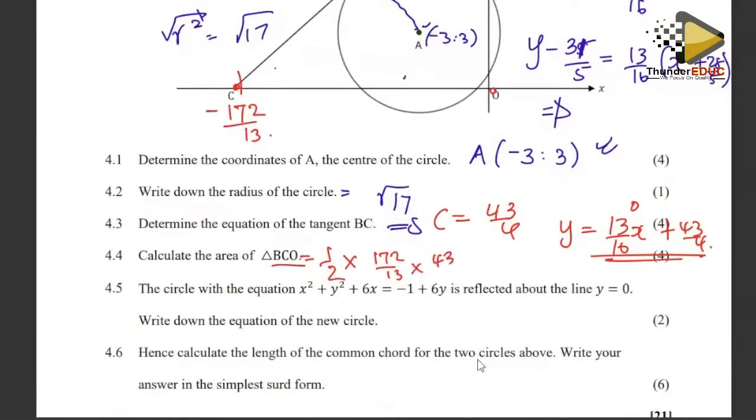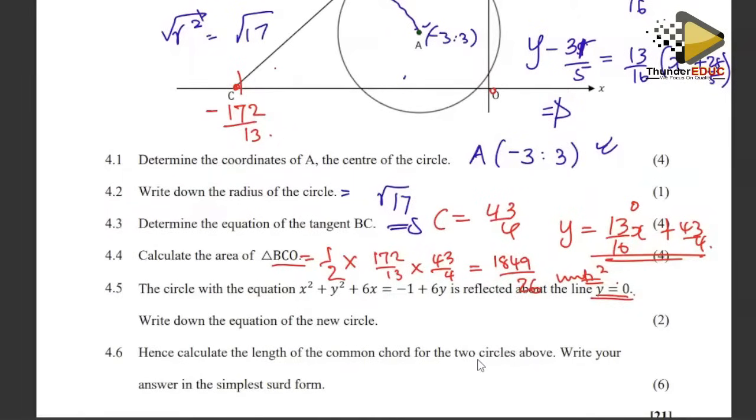The height, we said 43 over 4. Simplify that. You can give your answers in decimals, but I prefer to leave them as fractions. So it's going to be 1849 divided by 26, that's units squared.